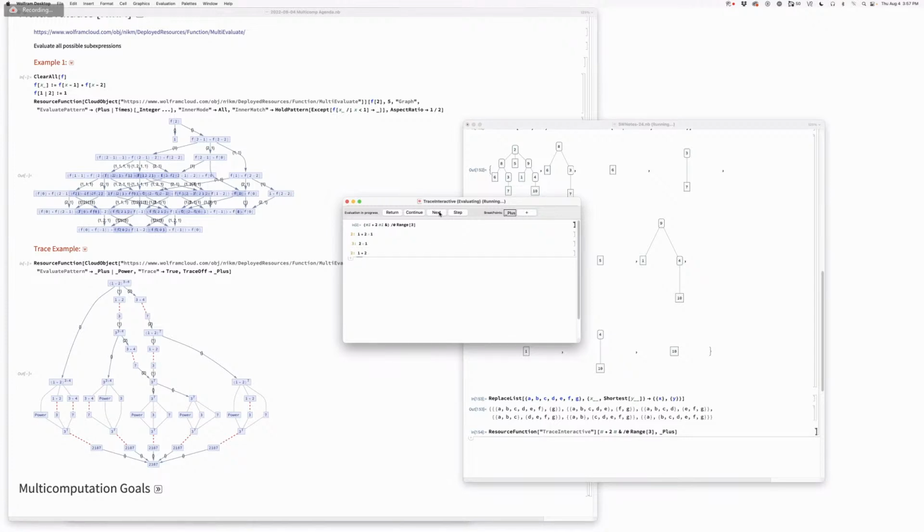Gosh, I've never used this. This is cool. I think it needs more of a map showing you where you are in the whole graph.